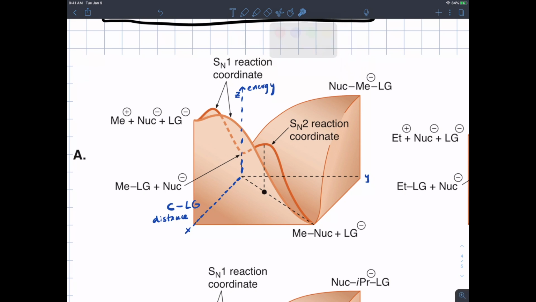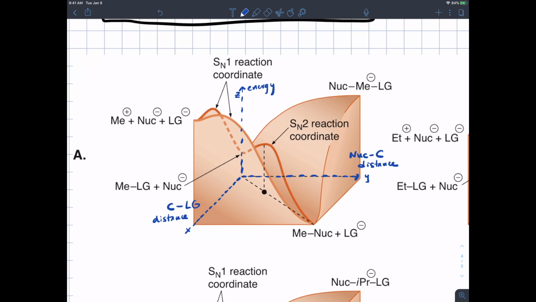Up here where X equals 0, the leaving group hasn't left at all, and down here it's left completely. On the y-axis, we have distance between nucleophile and carbon. Okay?